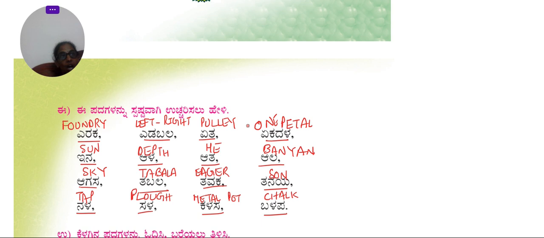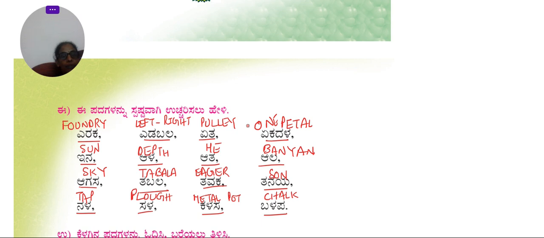Ala is depth, how deep it is. Ata is he. Ala, banyan. Agasa, sky. Tabala. Then Tavaka, eagerness. Tanaya, sun.